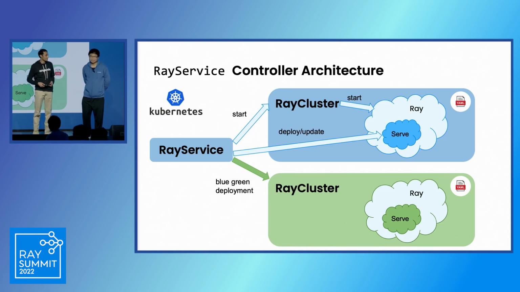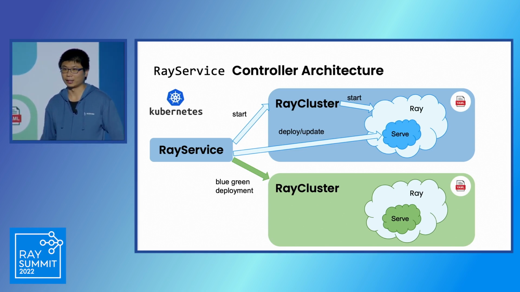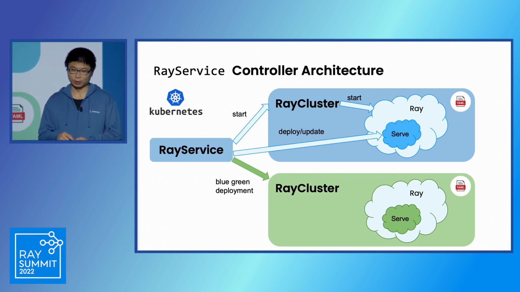Thanks for the question. The Ray autoscaler will know whether I need a new pod, so I can deploy more Serve deployment actors there, and we'll tell Kubernetes by updating the CR. Then the Ray cluster operator will know that my requested pod number increased, and I need to create another pod automatically through Kubernetes.